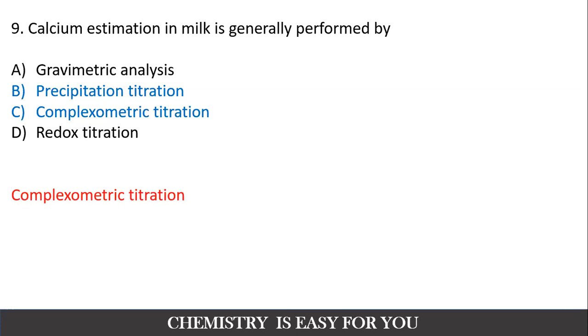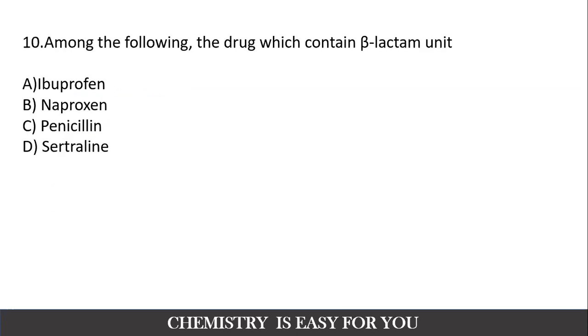We have studied during our MSc, even in the first year, we do a lot of complexometric titration, and mainly the cation under consideration is Ca2+ itself. So calcium estimation in milk is generally performed by complexometric titration, option C.